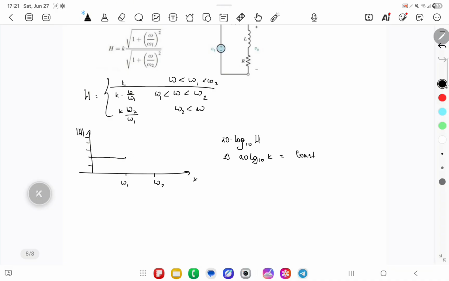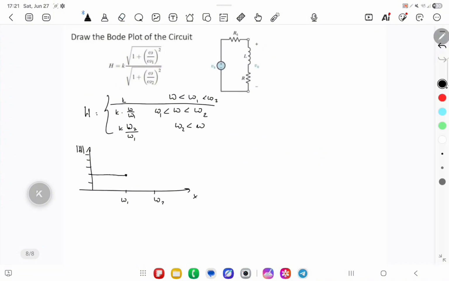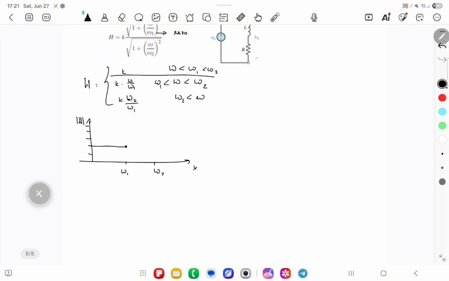So this is the point where something might change, and it does indeed change. As we remember, our omega in the numerator is a zero, and a zero always leads to an increase in the Bode plot by 20 dB if it is omega to the power of 1.